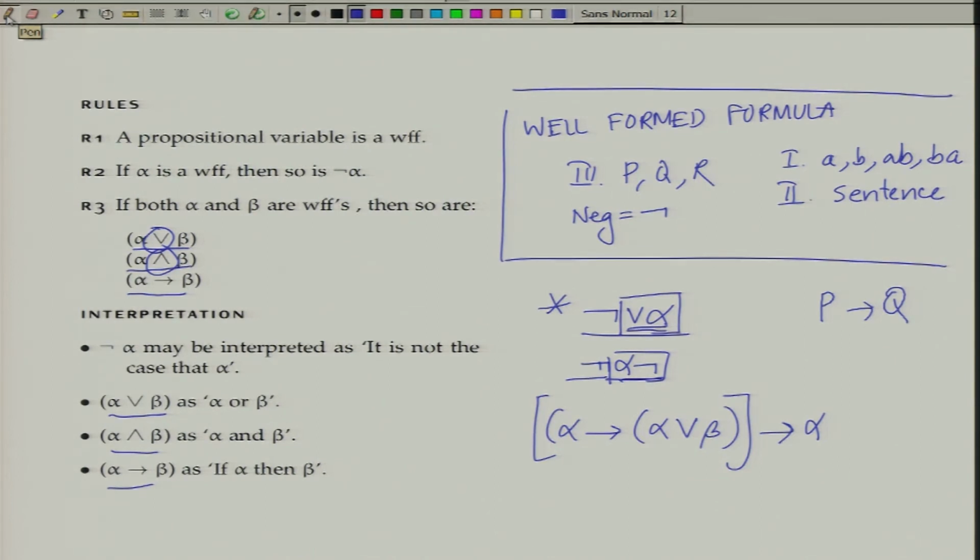But when I write that if alpha is a WFF, then so is neg alpha, this alpha does not stand for a particular logical variable P or Q or R or anything. It stands for any WFF that is produced or that could be produced.